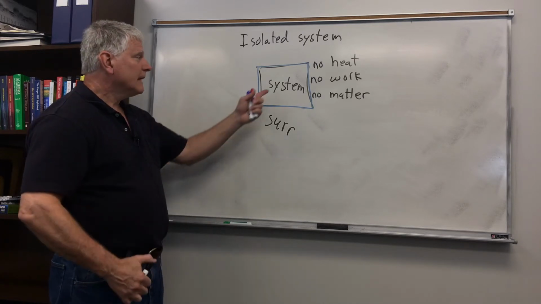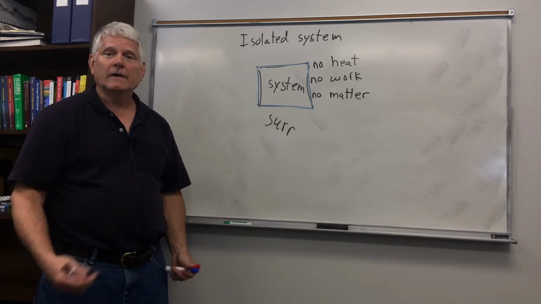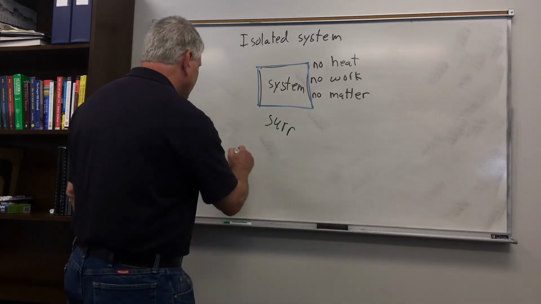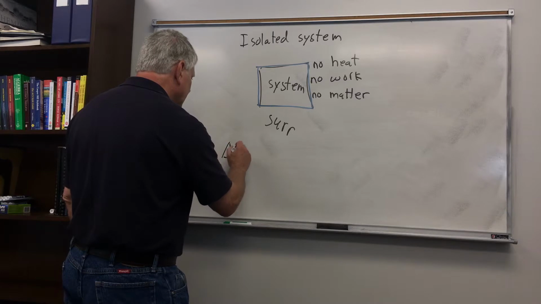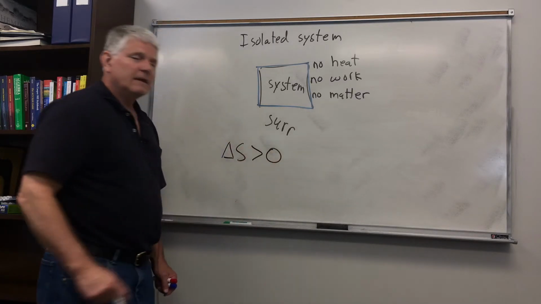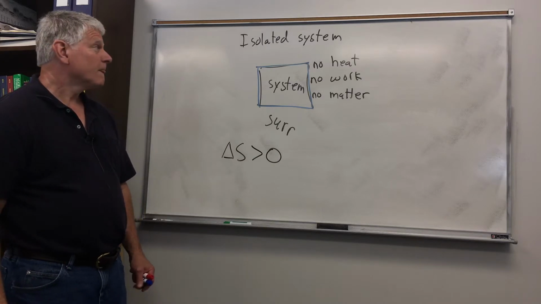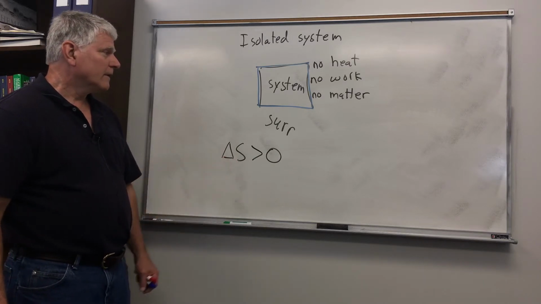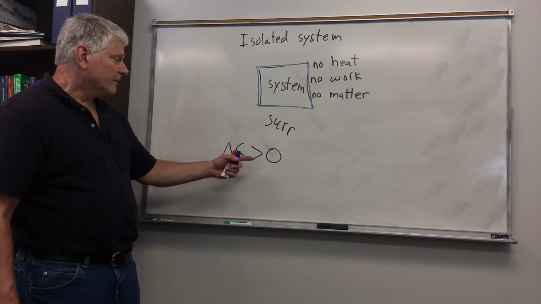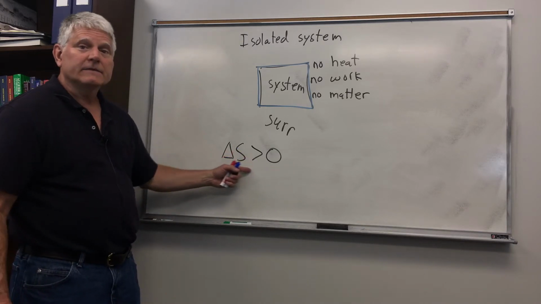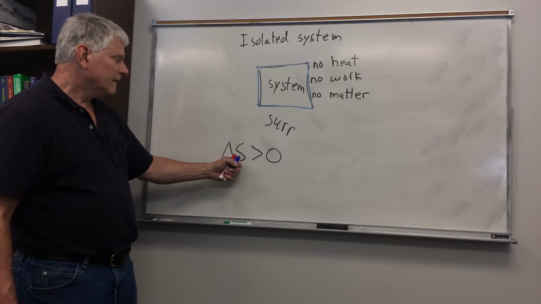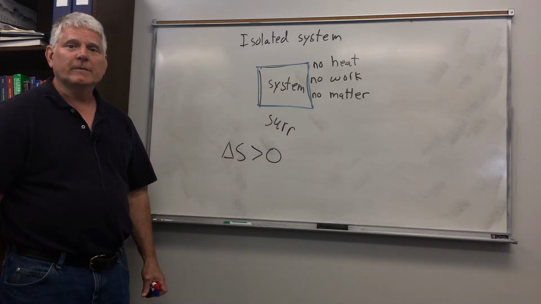And in an isolated system, if a process is spontaneous, then the change in entropy for that process is positive. So we use the letter S to stand for entropy. So if a process is spontaneous, that occurs naturally in an isolated system, then the entropy change is going to be positive.